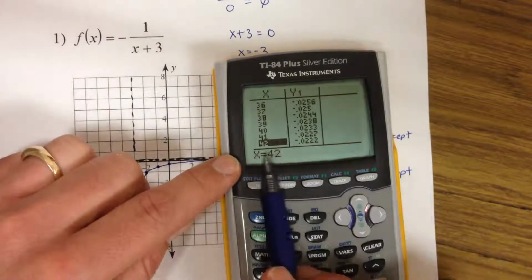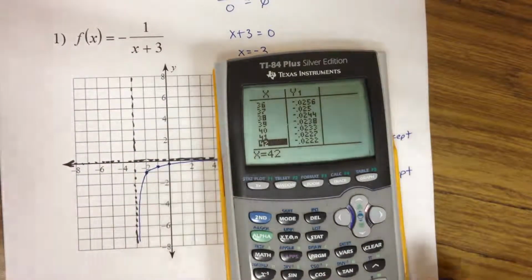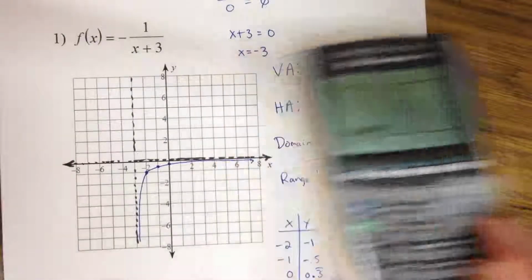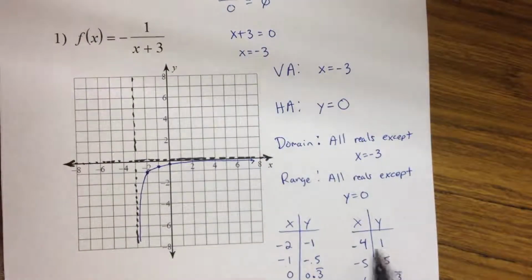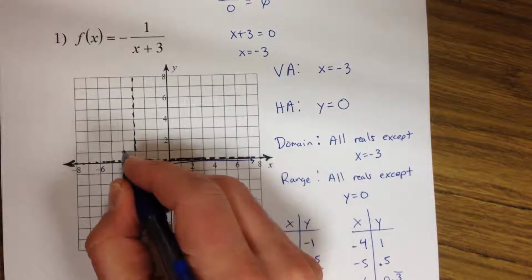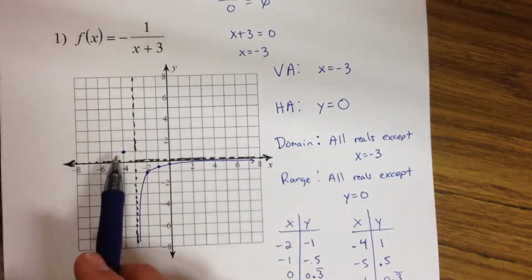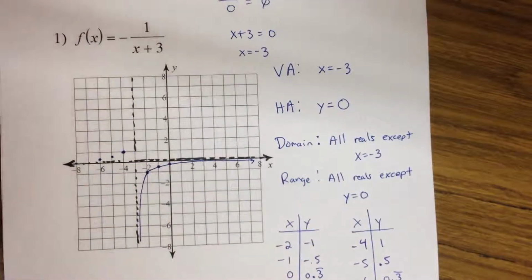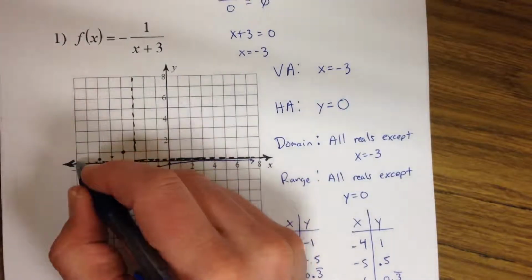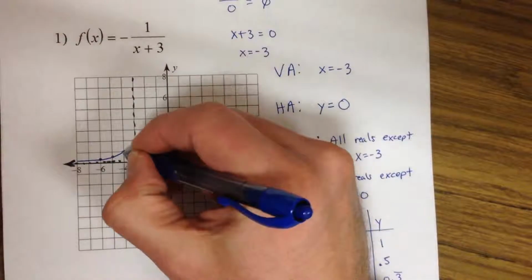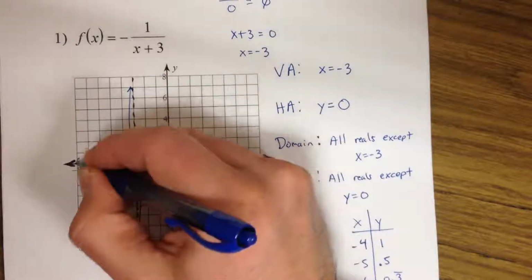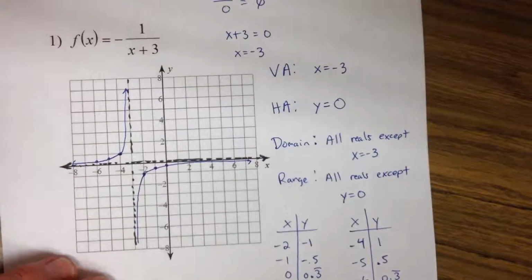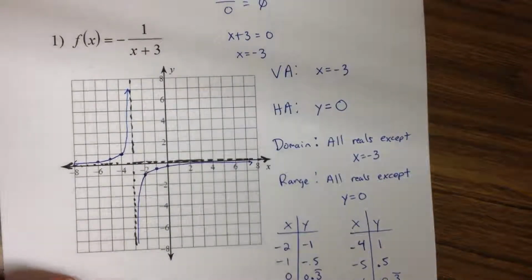Even all the way out at 42, it's not quite to 0, but it's pretty close to 0. Okay, this one, same thing. I'm expecting this to be off the boundary line a little bit, but then pretty quickly it's approaching 0. That's the first one.